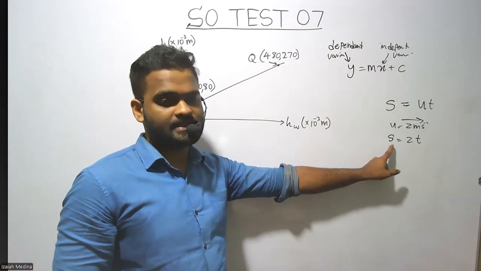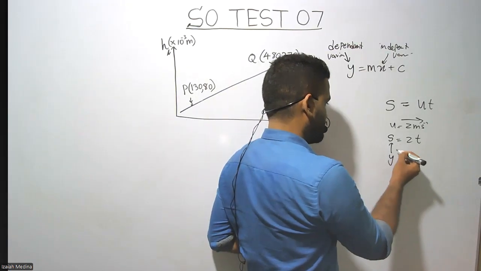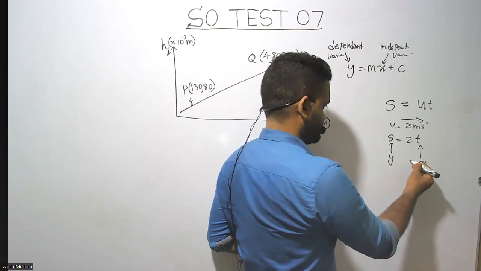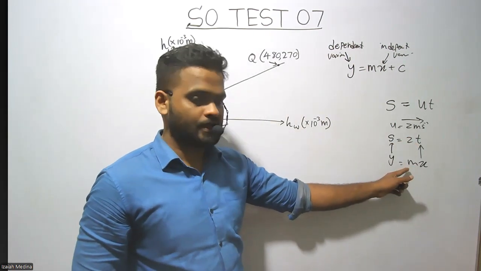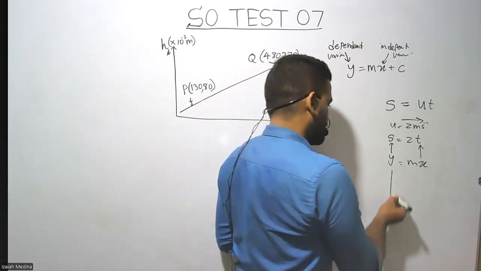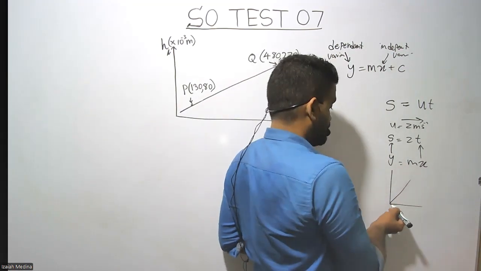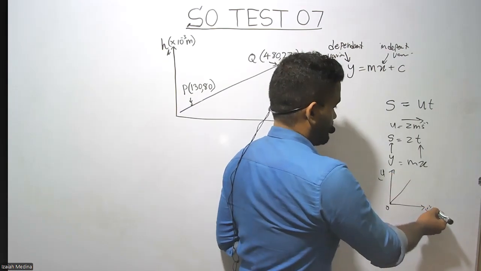You can form this equation in this way. s can be considered as y, t can be considered x. Then the gradient is going to be 2, right? So based on these, you can just draw a graph like this, which goes through the origin. You can see the intercept is 0. You can see that it goes through the 0, right?